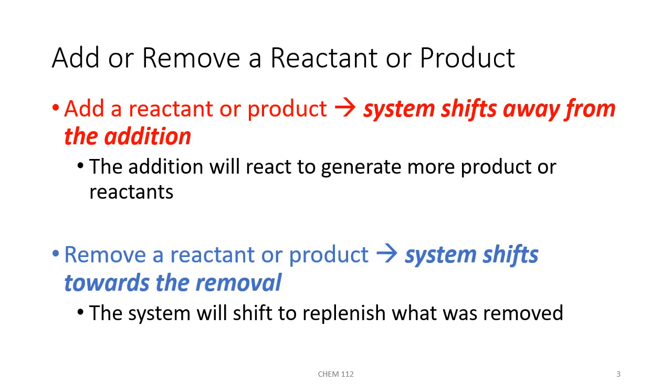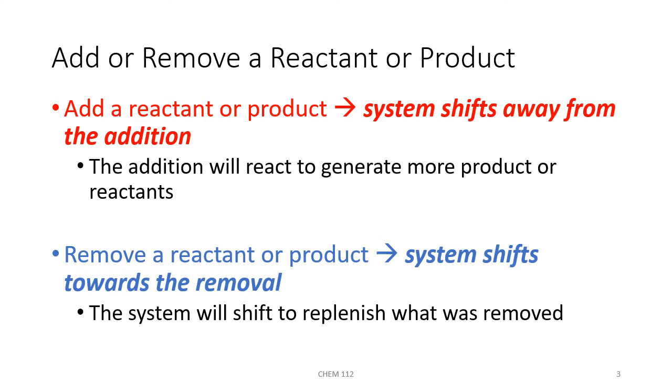So the first two were adding or removing reactants or products. If we add a reactant or a product to our chemical reaction, the system will shift away from that addition. Essentially, we will have added extra of something and it will want to react it away and use it up. And so it'll use it up by making more product or more reactant, opposite of whatever was added.